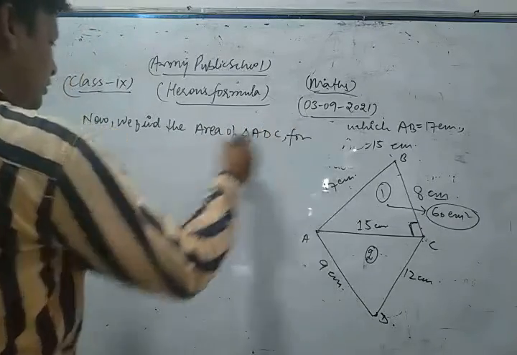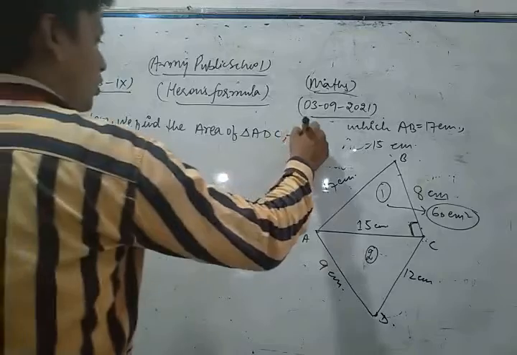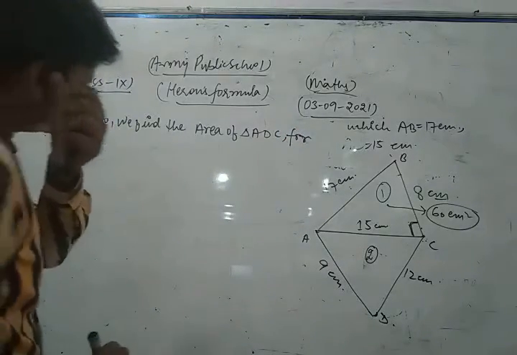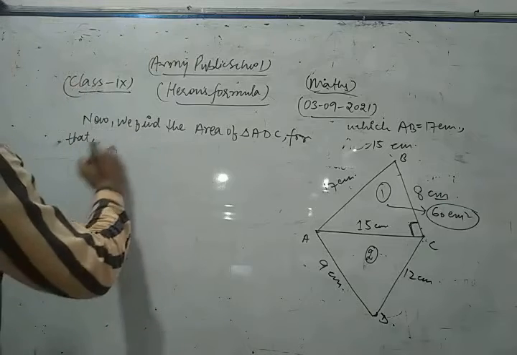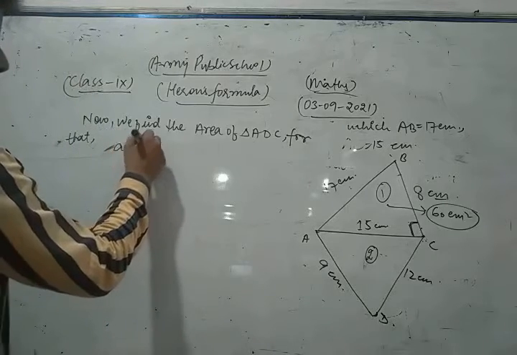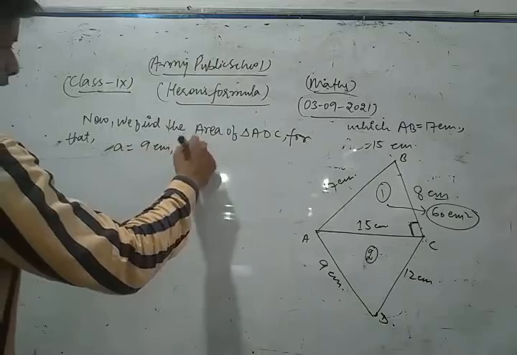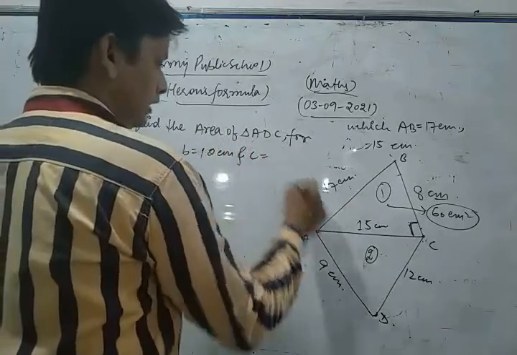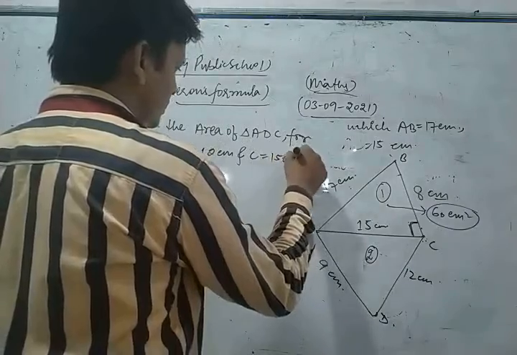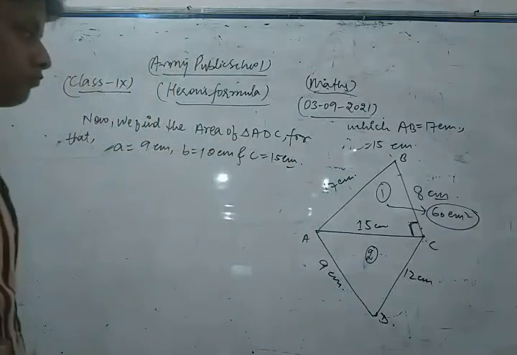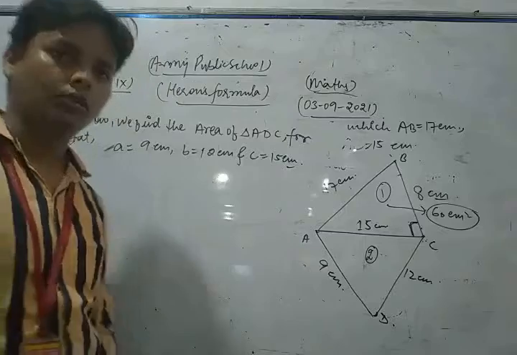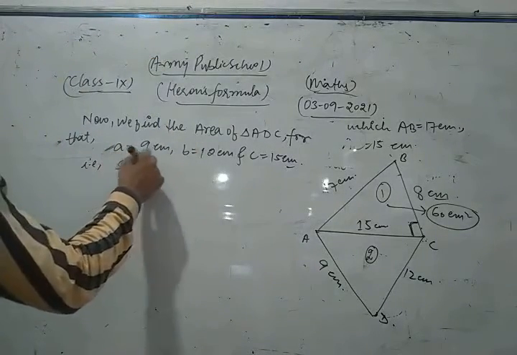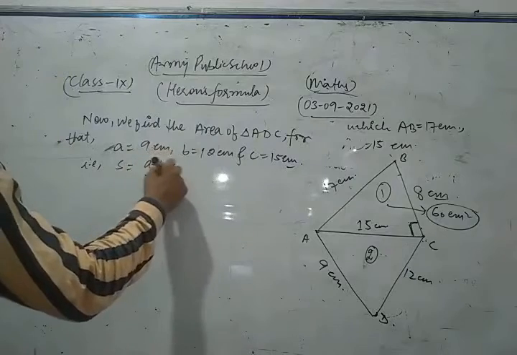For that, we take the first side A as 9 centimeter, the second side B as 12 centimeter, and C as 15 centimeter. Okay, now the value of S, the semi-perimeter, is A plus B plus C upon 2.